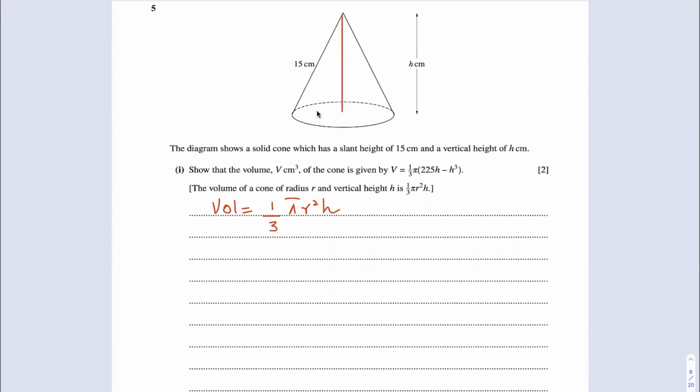Now, let's say this is r and this is h. So we can say that 15 squared is equal to h squared plus r squared, which means r squared is equal to 15 squared, which is 225, minus h squared.